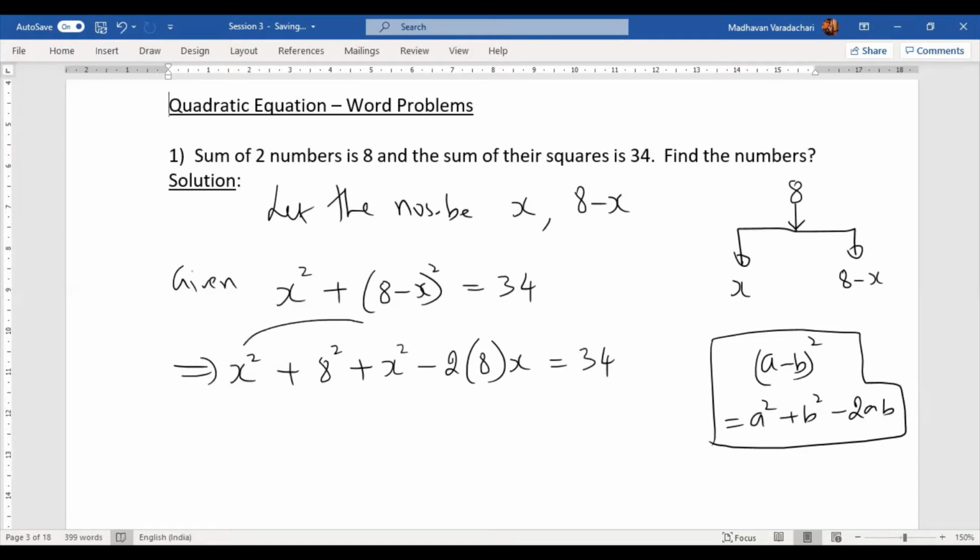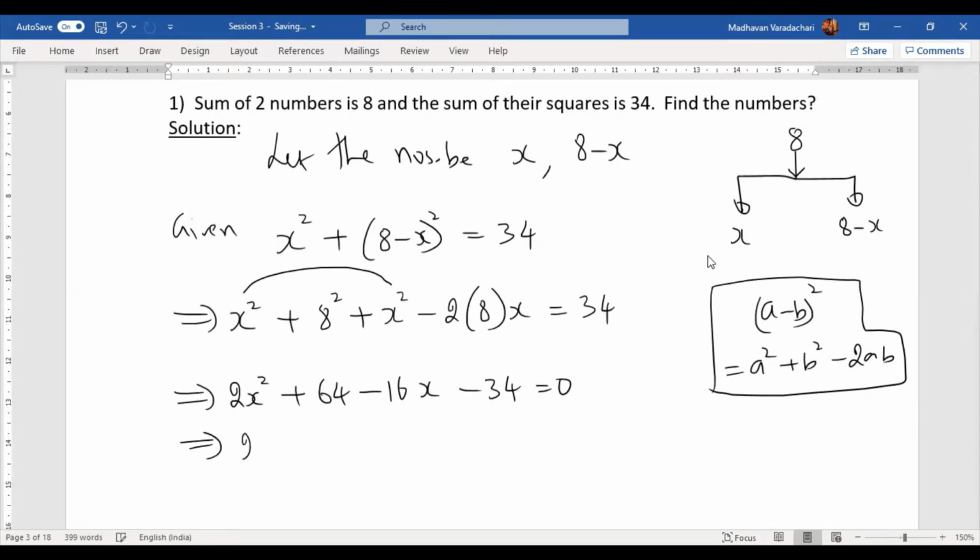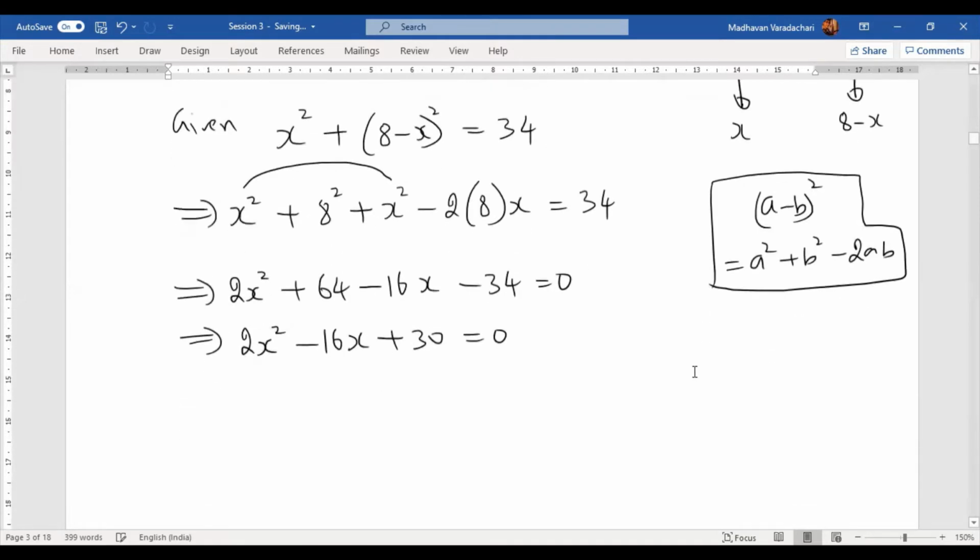So now if I add these two, you get 2 times x square plus 8 square is 64 and this is minus 16x. Bring this 34 to the left side, you get a 0. Again, simplifying this, you get 2x square minus 16x plus 30 equal to 0. Now, further simplifying, I can divide by 2 on both sides. We get x square minus 8x plus 15 equal to 0.